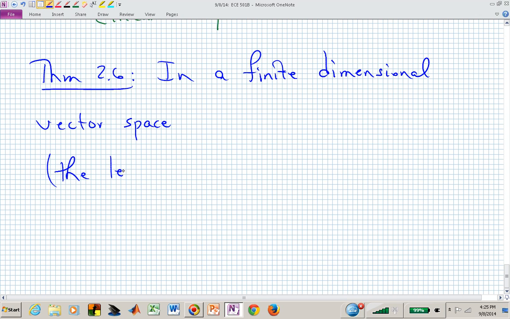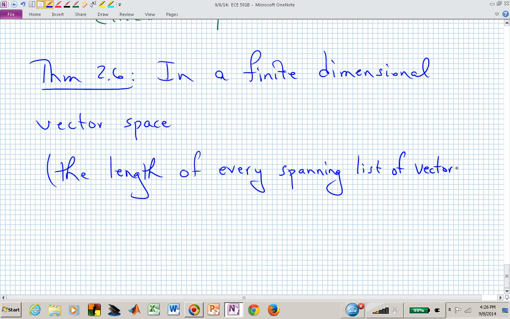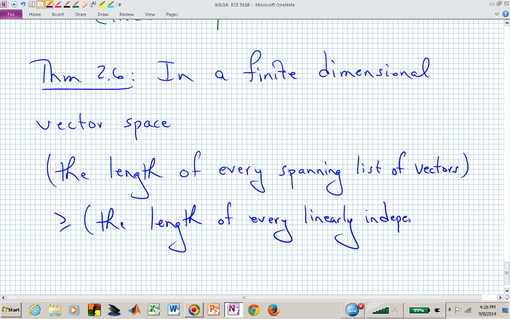The length of every spanning list of vectors, so that's how many vectors are in this spanning list, and a spanning list is spanning the whole space, is greater than or equal to the length of every linearly independent list of vectors.